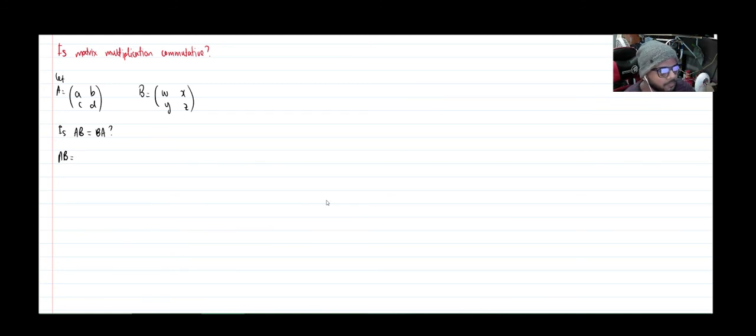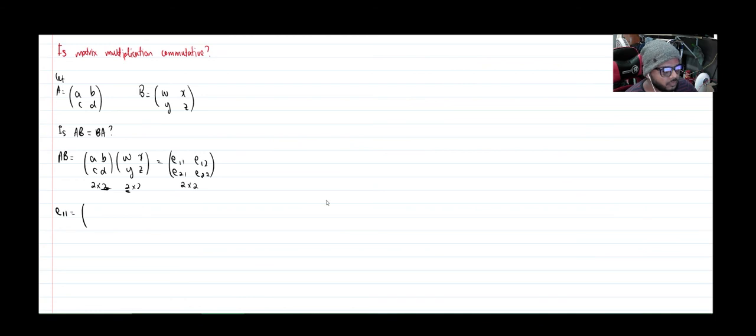AB is A, B, C, D multiplied by W, X, Y, Z. It's a 2 by 2 times a 2 by 2. They can be multiplied, and the answer will give me a 2 by 2. I'm going to just calculate E11.